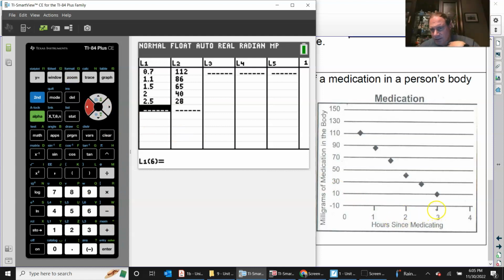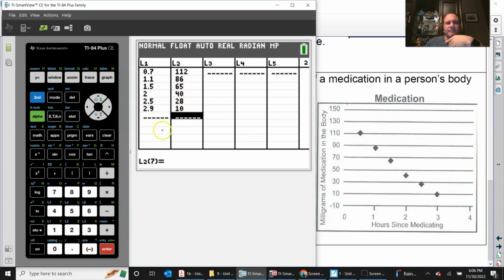The last one, 2.9, 10. Enter. I have the same amount of numbers on the x, same amount of numbers on the y.